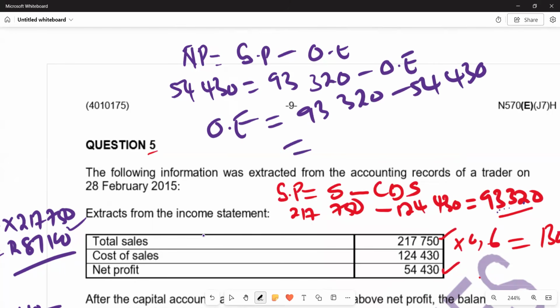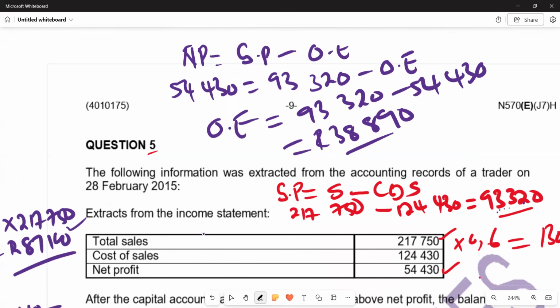You're going to see that you are going to get your 38,890. So this is going to be the figure that we are looking for, operating expenses. So you can just try to subtract there to verify this calculation, 93,320, and then you subtract 54,430. 38,890 is the answer.